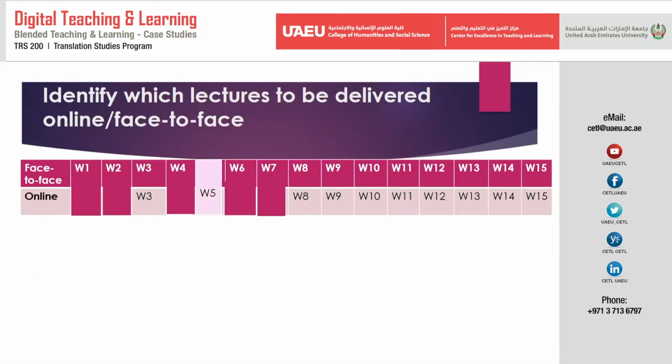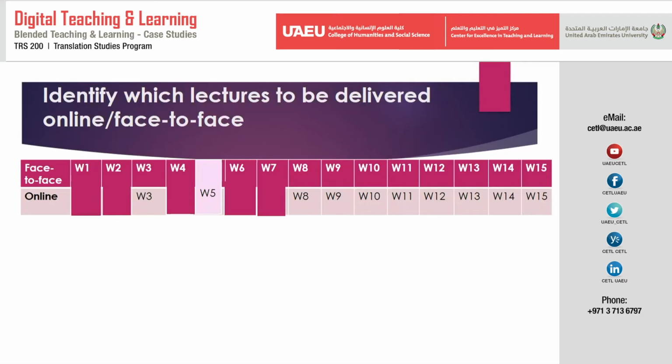Here I have a small table where I show by weeks the classes that were delivered face-to-face and the classes that were delivered online. As you can see, maybe the first 2 weeks were completely face-to-face in dark pink. Then in week 3, you will see one class in the week delivered face-to-face, and the next class was online.